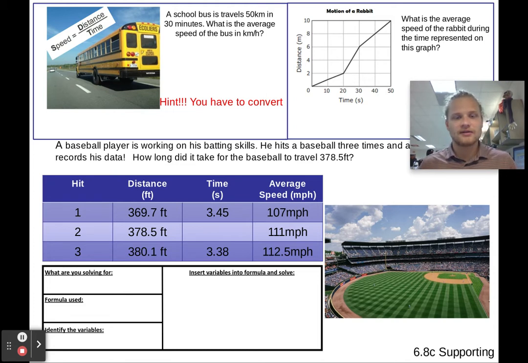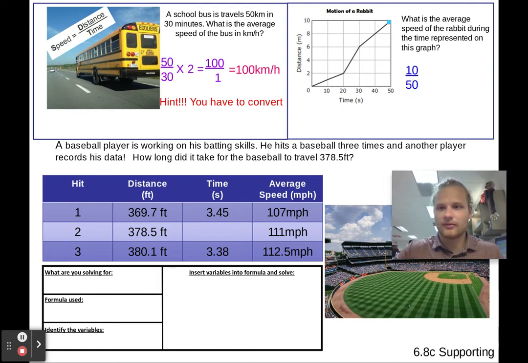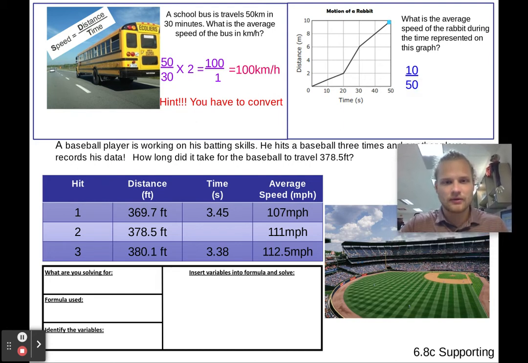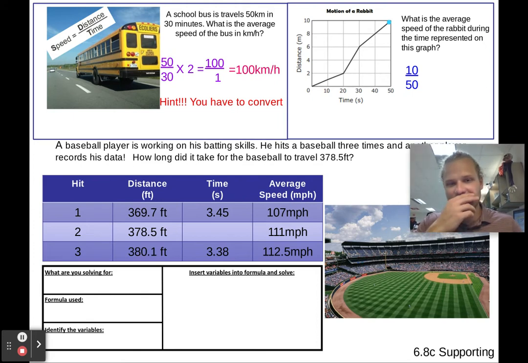All right, so this is speed equals distance over time. We want the average speed. All right, so we should get 25, okay, as our kilometers per hour. Okay, 50 times 2. It's a little bit confusing. Oh, okay. Yeah, they multiplied it by 2 because it's 0.5.